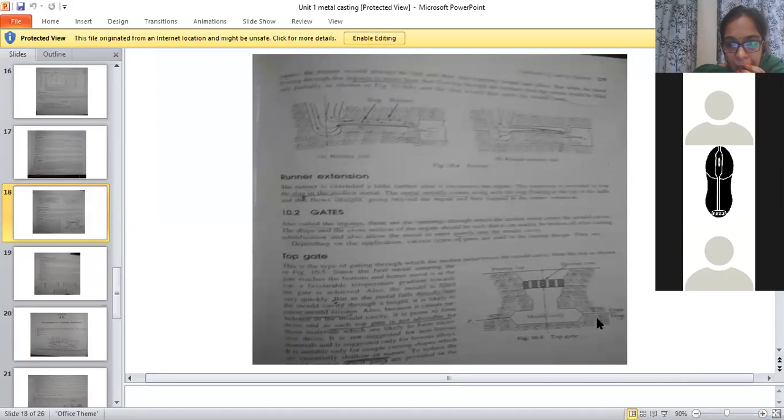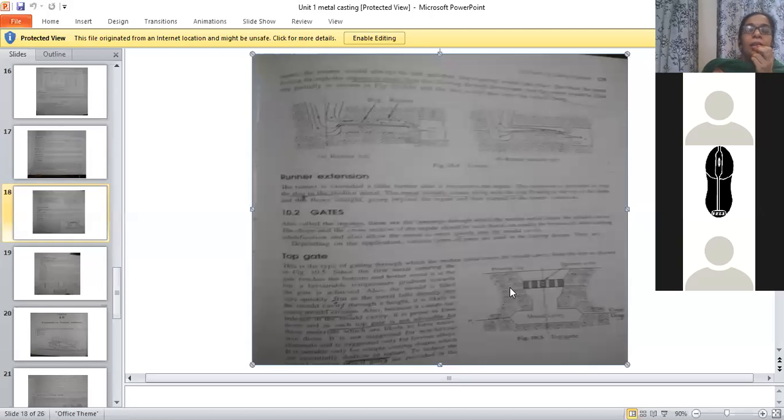The gate is the section that is the entry point into the cavity. This is the cavity, this is the gate, and the gate will be on the cope section. There are different types of gates. The first is top gate, the second is bottom gate, the third is step gate, and the fourth is parting gate.